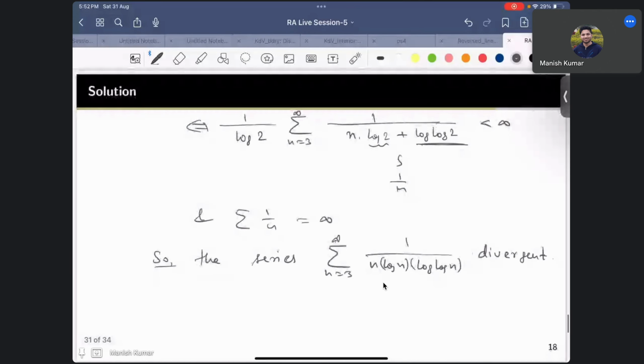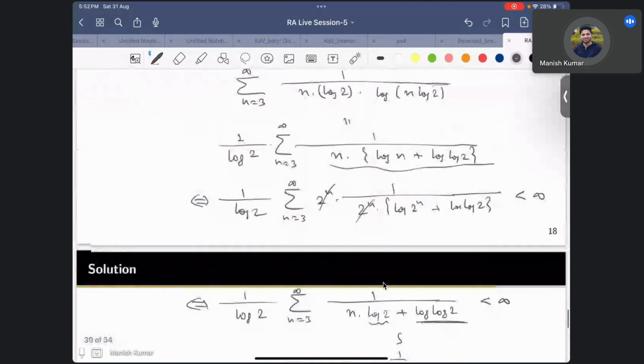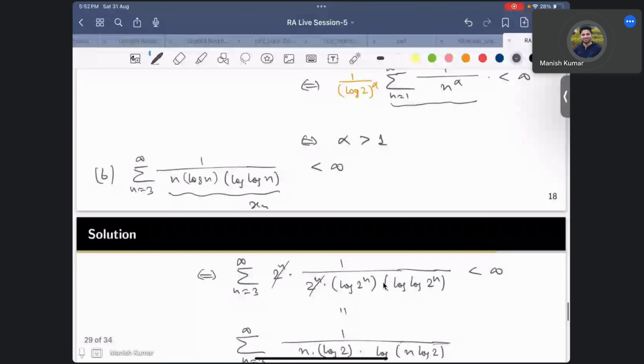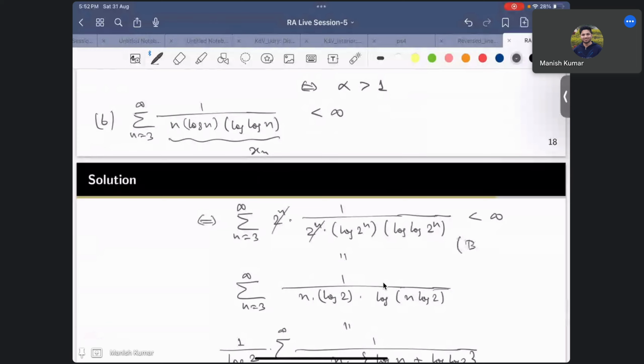Here we have used the Cauchy condensation test twice: once here and here also, by the Cauchy condensation test.